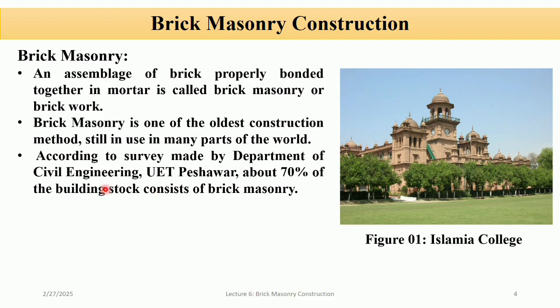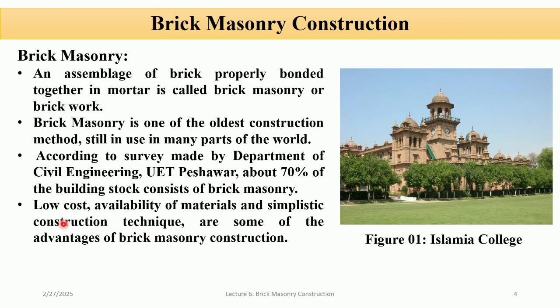The advantages of brick masonry are that it is low cost, brick is available nearby almost everywhere, and the construction of brick masonry is simple. These are the advantages of brick masonry.